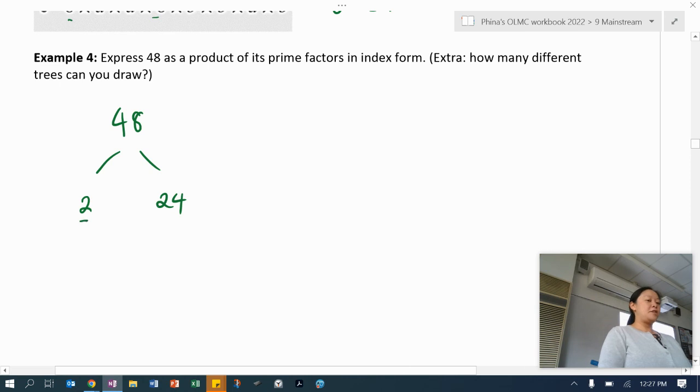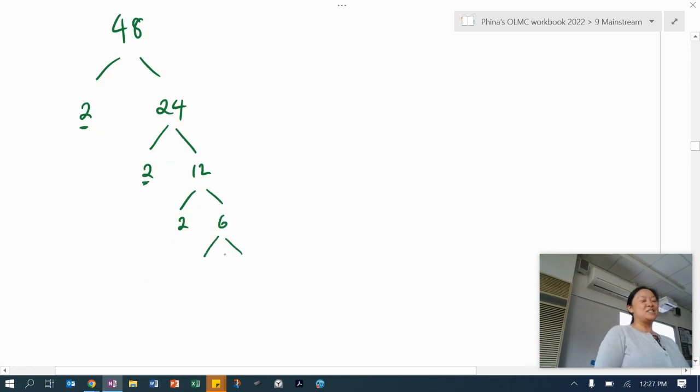So that's a prime factor, so you just stop there with 2. 24, what are some factors of 24? 12 and 2. I can use your numbers in another one. 12 and 2, that's a prime factor. Stop there. What are some factors of 12? 3 and 4. It doesn't matter. And then 2 and 3.